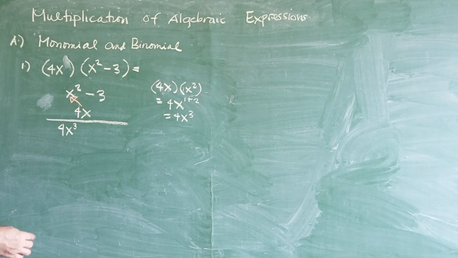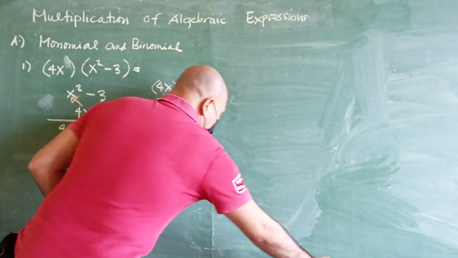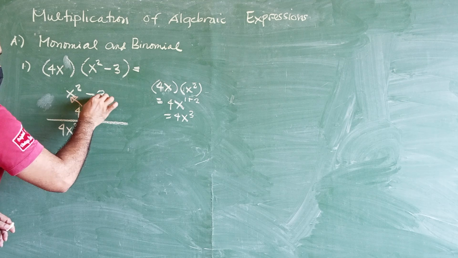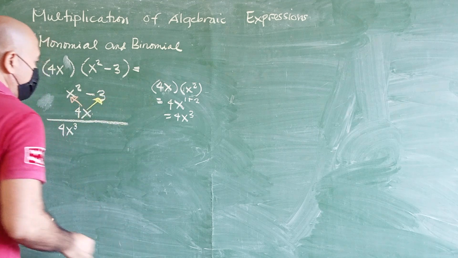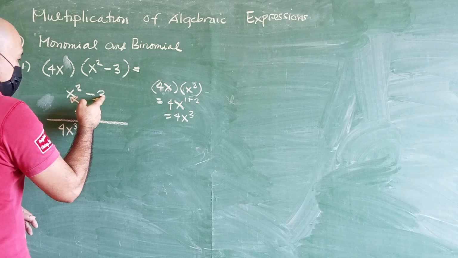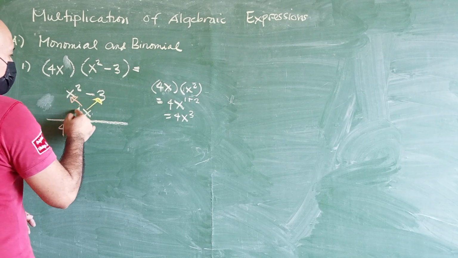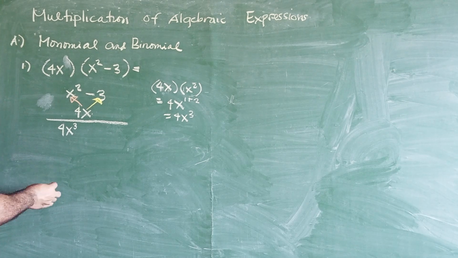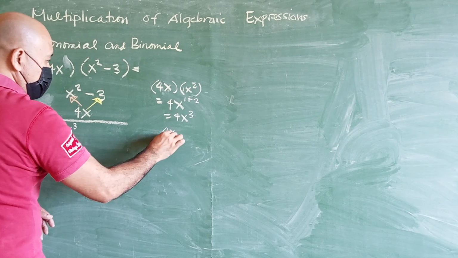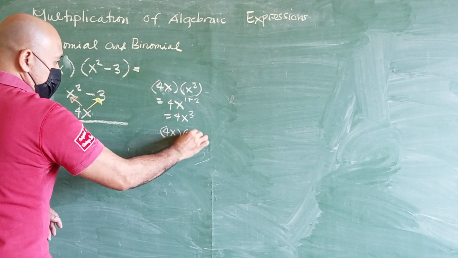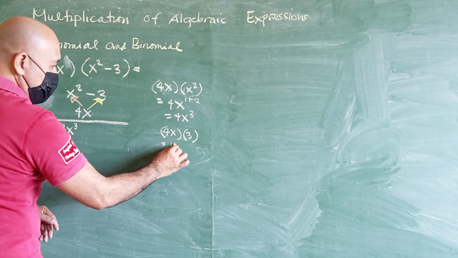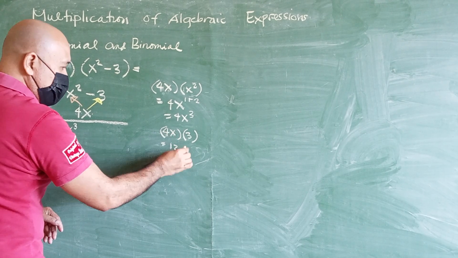The next one is you multiply 4x to the second term of the upper line. So we have 4x times, technically, minus 3, which means you are multiplying unlike signs. So 4x times 3: multiply numbers only, 4 times 3 is 12, and bring down the variable x.